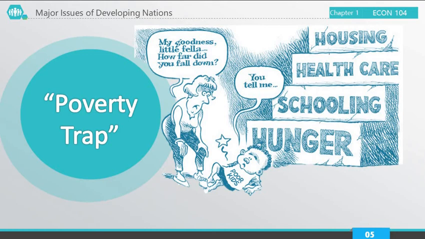So syempre dahil naghihirap, kasunod dun yung suffering in hunger, 'di ba? High mortality rates, unsafe water supply, poor education system, corrupt government, kasi nga walang pera, war. Siyempre, paano po nagkakaroon ng war? Kapag hindi nagkakaintindihan, bakit? Kasi nga po, walang education, di ba?